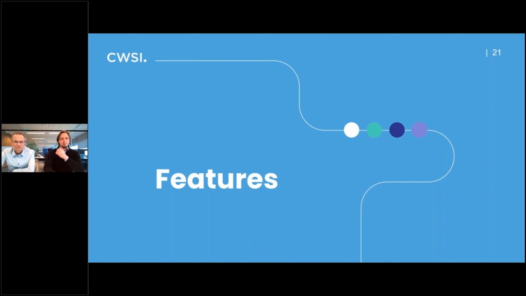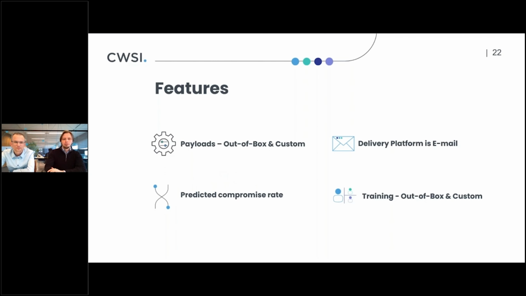For the features, I want to highlight at a very high level first what makes attack simulation training unique as a platform. Firstly, the payloads, which are the actual phishing emails that you can use, are out of the box. So there are lots of out-of-the-box phishing emails that you can use, so you don't have to create them yourself.